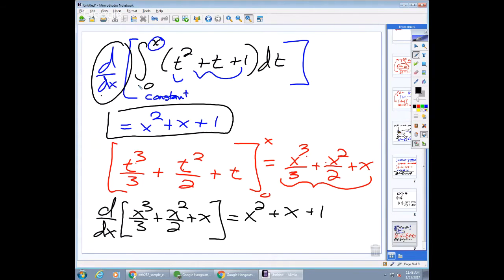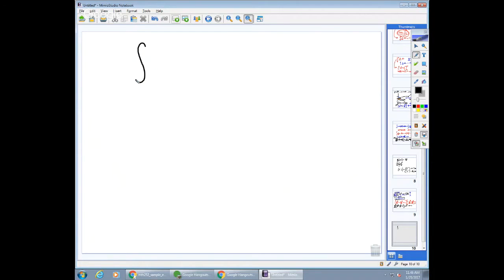All right, next one, I think, was the integral from 0 to 2x of the sine of t. Is that the one I had down there on paper? Oh, and that's got to be a t, excuse me. And then we were also asked to take the derivative with respect to x of that.